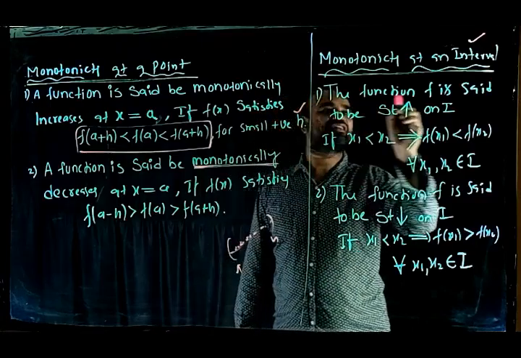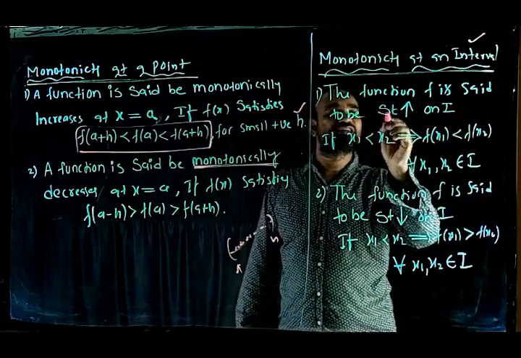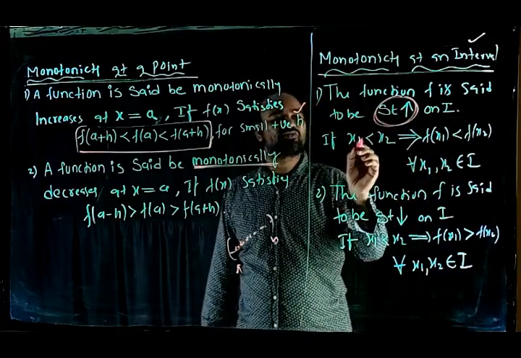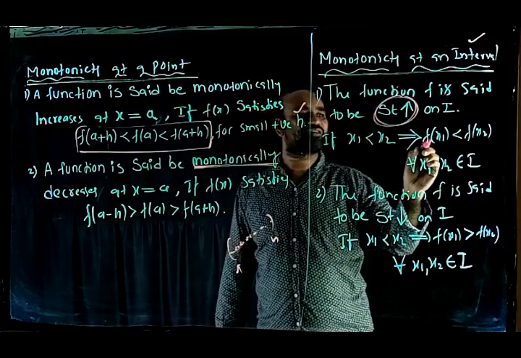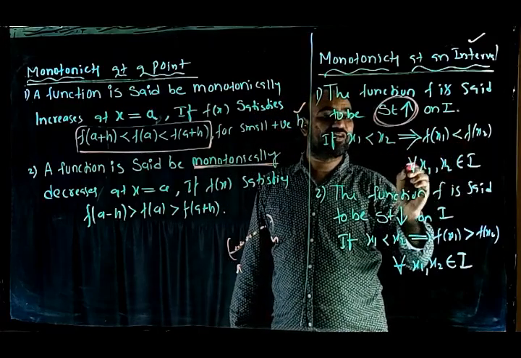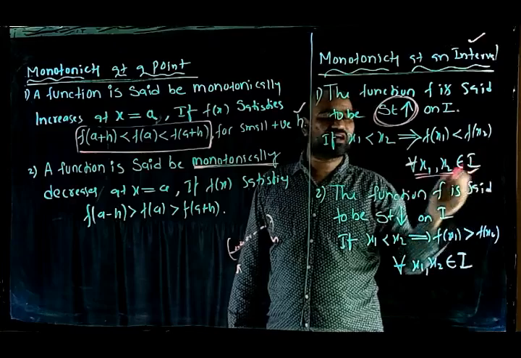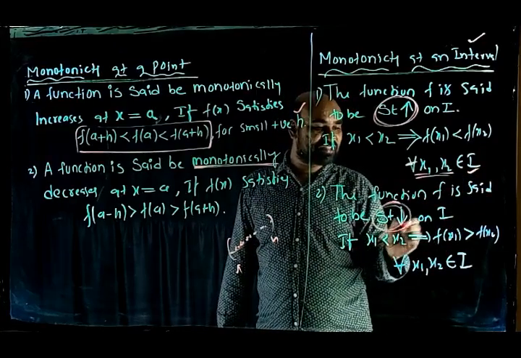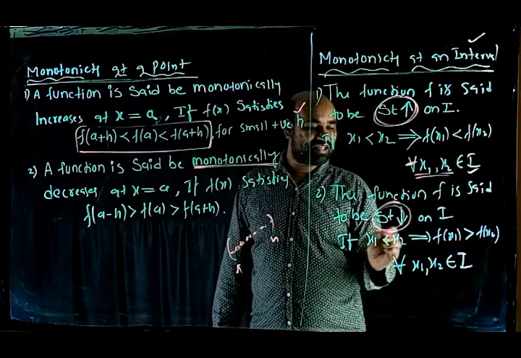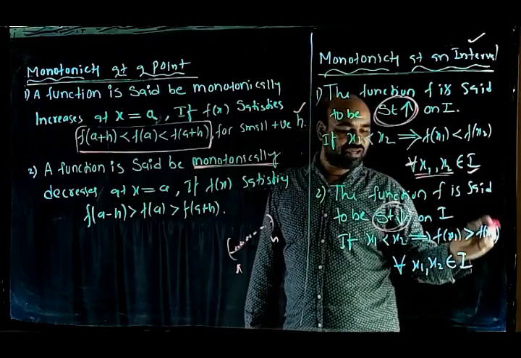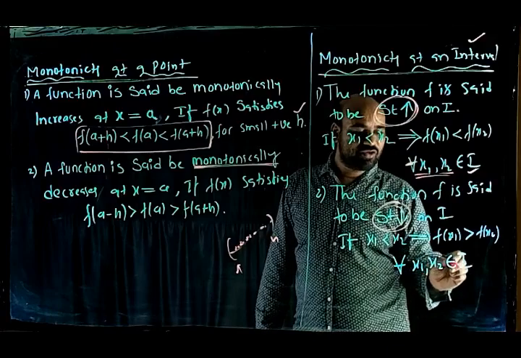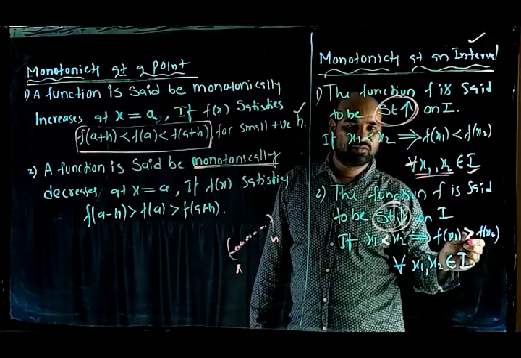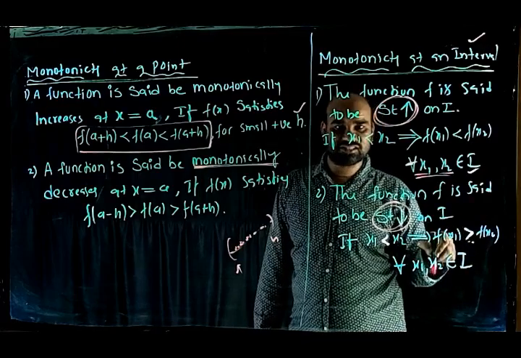The function f is said to be strictly increasing on I if x1 < x2 implies f(x1) < f(x2) for every x1, x2 belonging to I. Next, the function f is said to be strictly decreasing on I if x1 < x2 implies f(x1) > f(x2) for every x1, x2 belonging to I. Sometimes this is greater than or equal to, and at that time you can say that it is decreasing, not strictly decreasing.